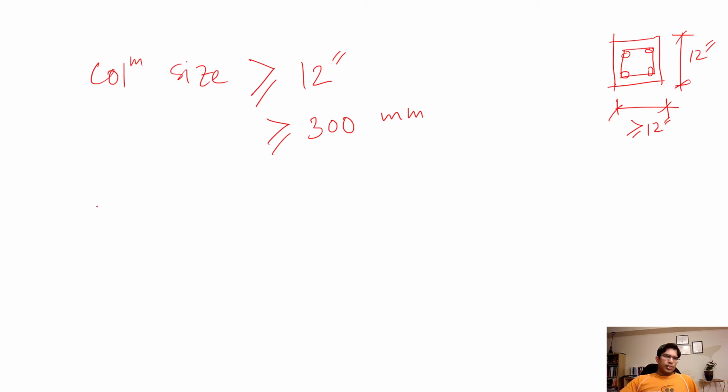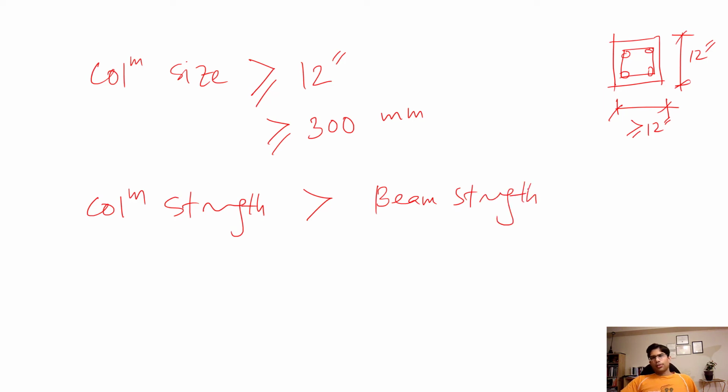Also, we should always ensure that our column strength is more than the beam strength. In the worst case scenario, we will never want our column to fail. If we need to sacrifice one of the two items, we need to sacrifice the beam. So maybe one beam can collapse, but all the columns in a building must stay intact.